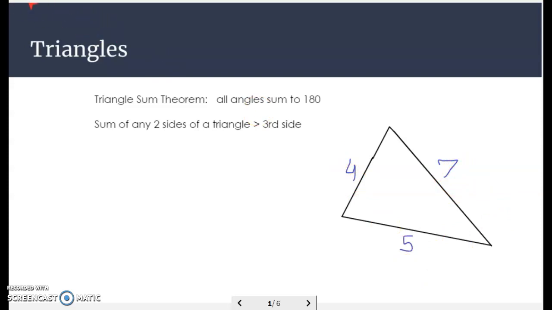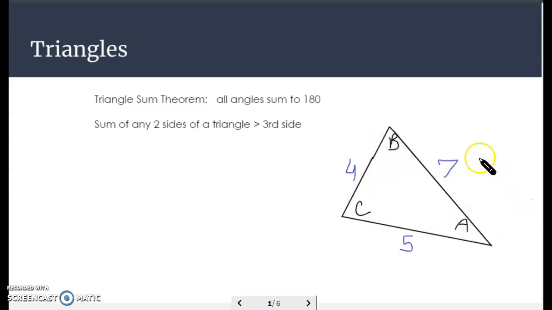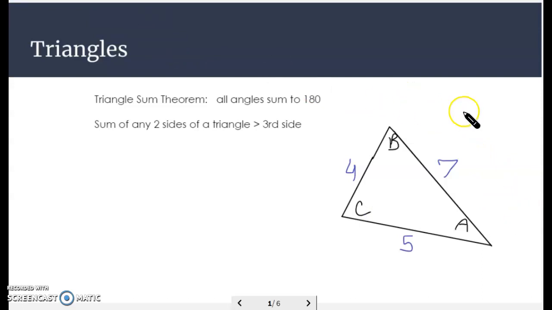But the thing I wanted to point out, let's say we label the angles here: angle A, angle B, and angle C. Alright, the largest angle is angle C, because it's opposite of the longest side. So angle C would be greater than the measure of angle B, because angle B is opposite of the middle length.